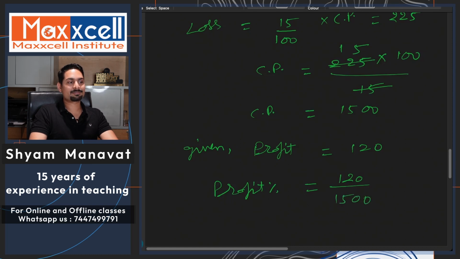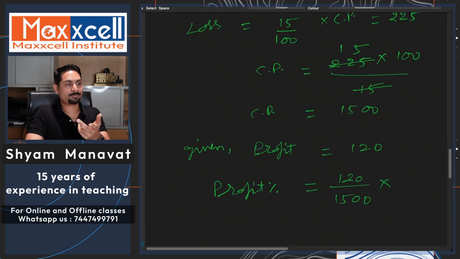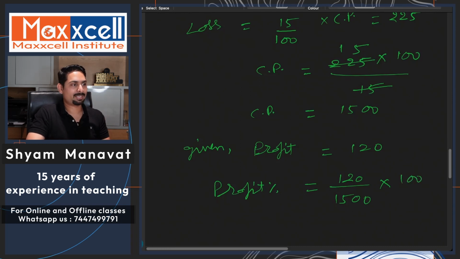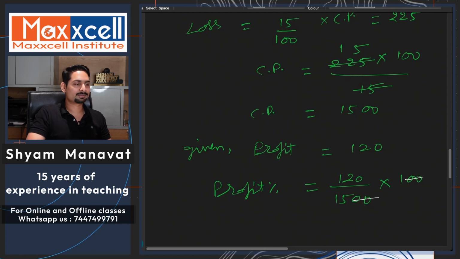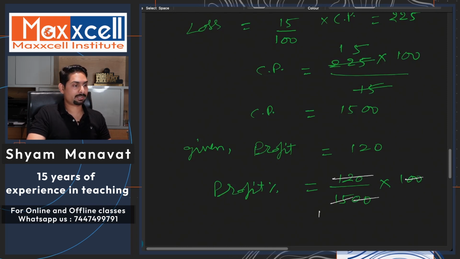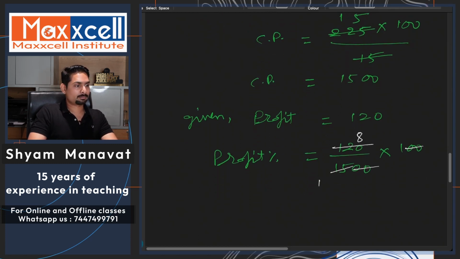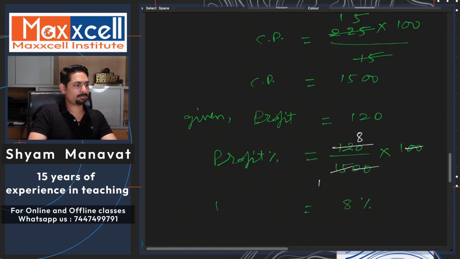The difference which we talk about between selling price and cost price, that's the profit value. So profit upon cost price, multiply by 100. You can see here the zeros cancel, so you have 15 ones are 15 and 15 eights are 120. Correct. So that is profit percent. What is that? 8%. Profit percent is 8%.